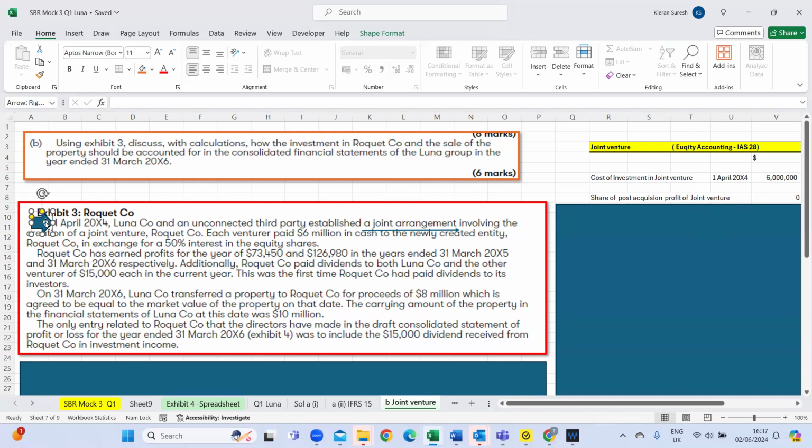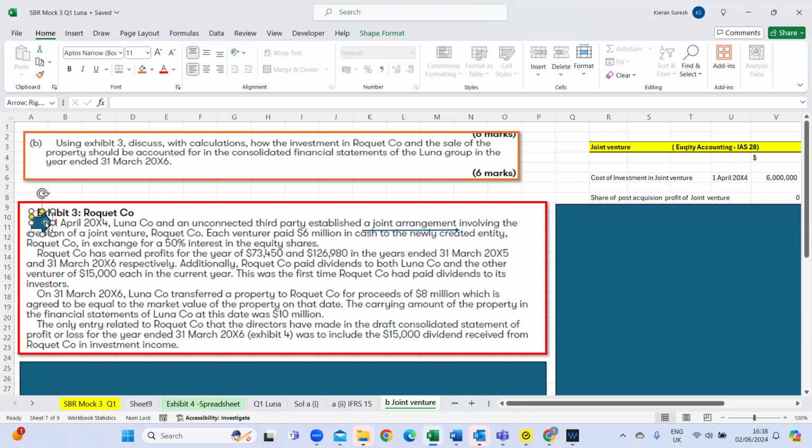That means the post-acquisition profit is being given by giving you those two years of profits. The normal way would be, if we've been given net assets at the closing of the joint venture and net assets at the opening, the difference between the closing and the opening is the increase in the profit, the post-acquisition profit.